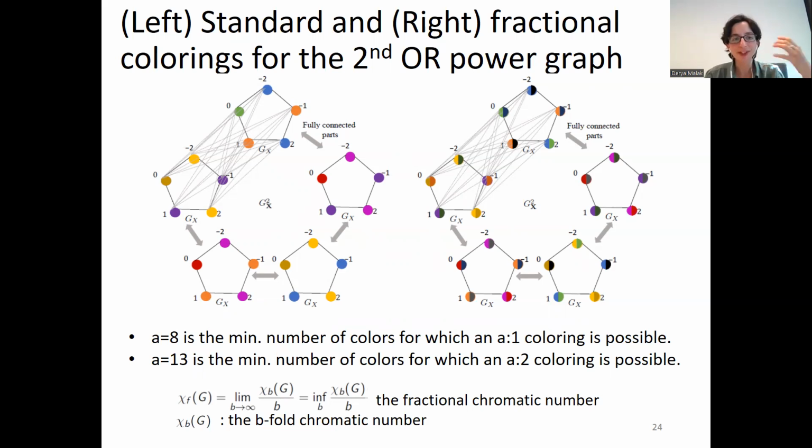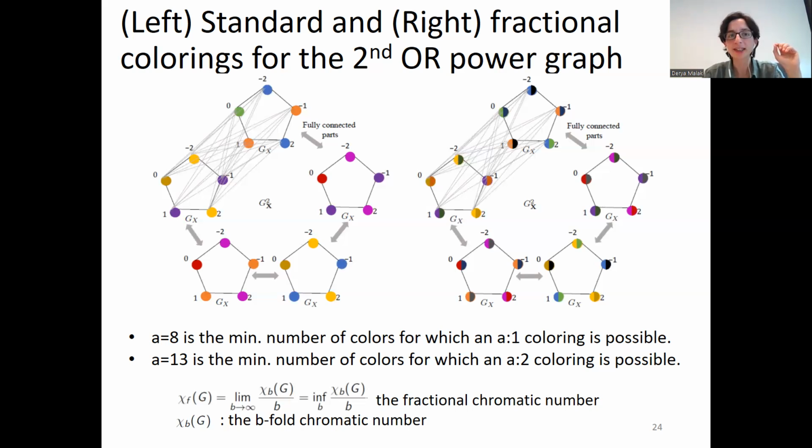So some theoretical notions, for example, the psi of B denotes the B-fold chromatic number. For example, for the graph on the left-hand side, it is 3, because I'm doing a one-fold coloring per vertex. And for the second power graph, it is 8.